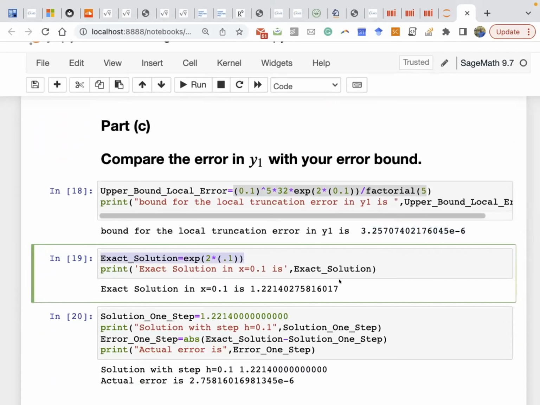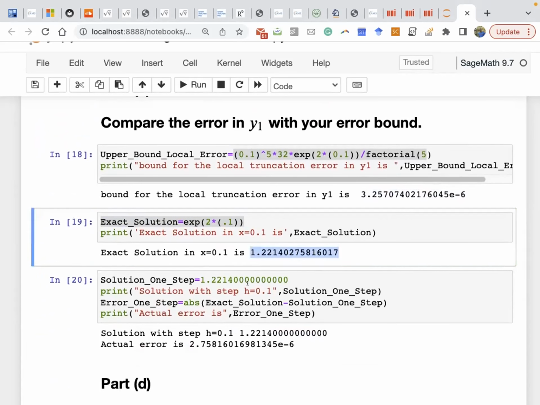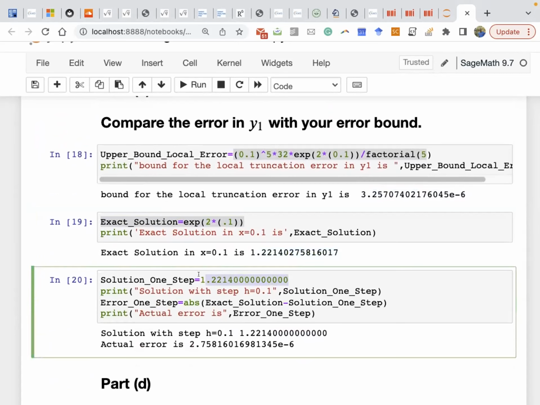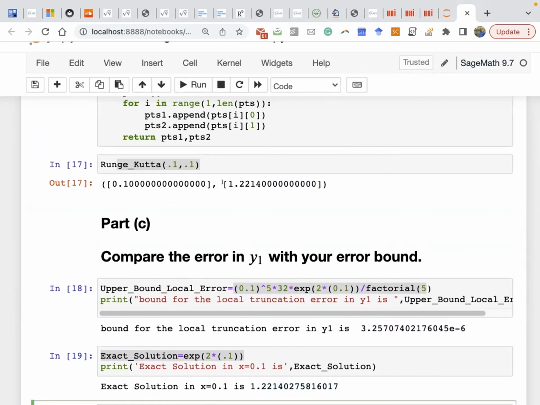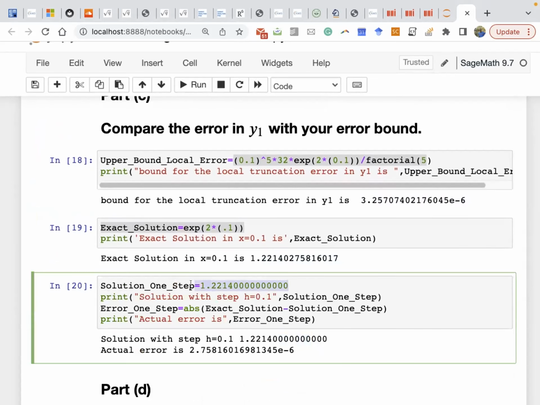So if I print it, I will get this one. So what is this? So can I put this one here? Oh, no. Okay. So yeah, I copied this guy and I put it here.